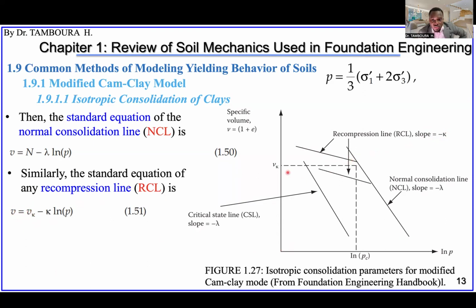V is Vk minus kappa ln of P. So as we can see here also, this line means the soil has experienced all the stress, the mean stress in this case, in this line. But this line is the limit, okay? Pc is here. This is the limit, okay?